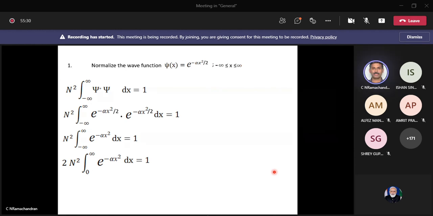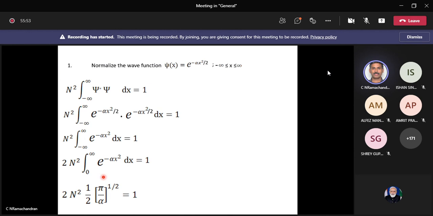Why I wrote it as 0 to infinity is that this is a standard integral. So 2 times 0 to infinity, that is why 2, because this is a standard integral, and you know the value of the standard integral is this one. So my idea was to convert this into this one so that I can substitute this value here.